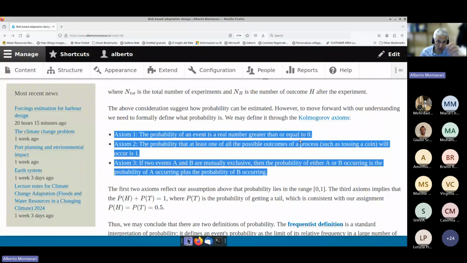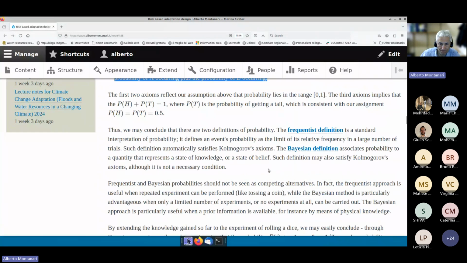The only other possible outcome is that the levee is not exceeded. Therefore, if the probability of exceeding the levee is 0.1, the probability of not exceeding the levee is 0.9. It's a difference, 1 minus 0.1.